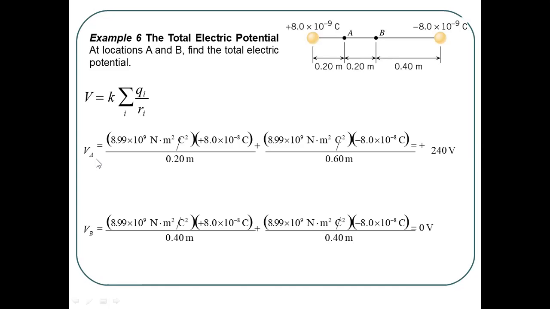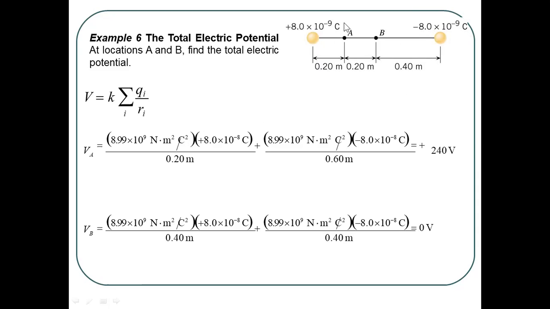Since we are talking about point A here, your VA would be equal to Coulomb's constant K, 8.99 times 10 raised to 9 newton meter squared per coulomb squared, multiplied with positive, since this is a positive charge, 8 times 10 raised to negative 8 coulombs, over 0.20 meters, plus, for the charge going to point A, negative 8.0 times 10 raised to negative 8 coulombs.